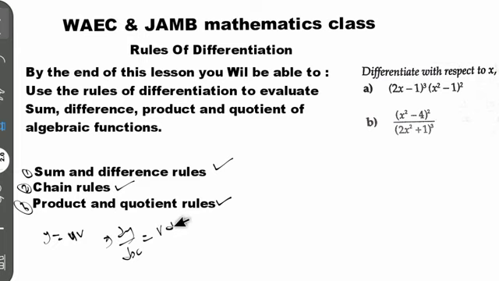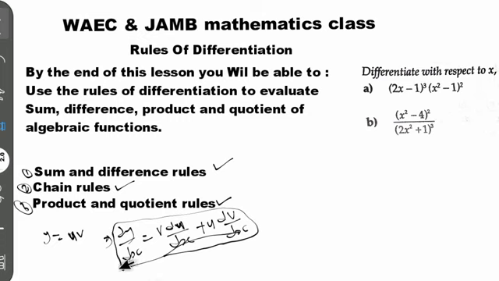That will be v multiplied by du/ds, plus, for the second one, you leave u constant and differentiate v with respect to s, that is u multiplied by dv/ds. So when I give you this question, you first leave the second term v constant and differentiate u with respect to s, plus you leave u constant and differentiate v with respect to s. That is the expression of the product rule.